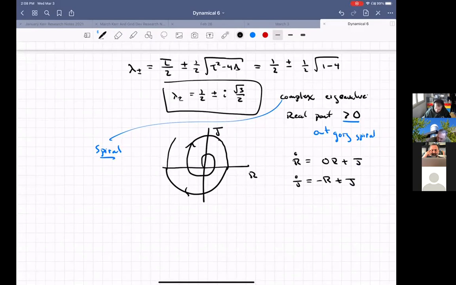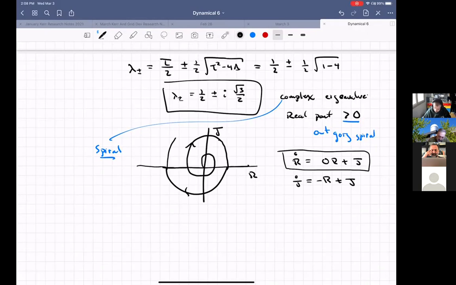So now, if I look at the R dot equation, when J is equal to 0, R is not changing. So the place where J is 0 is the R axis.